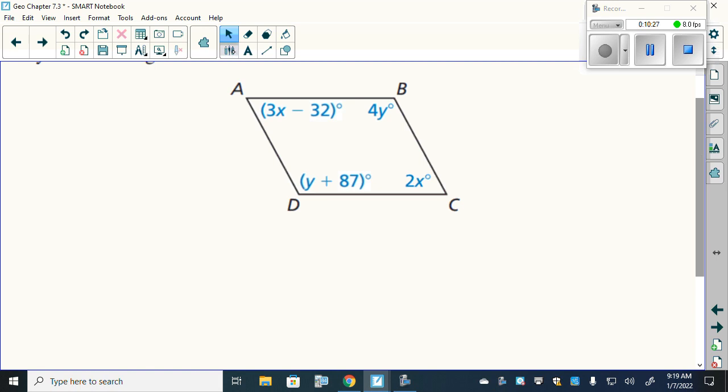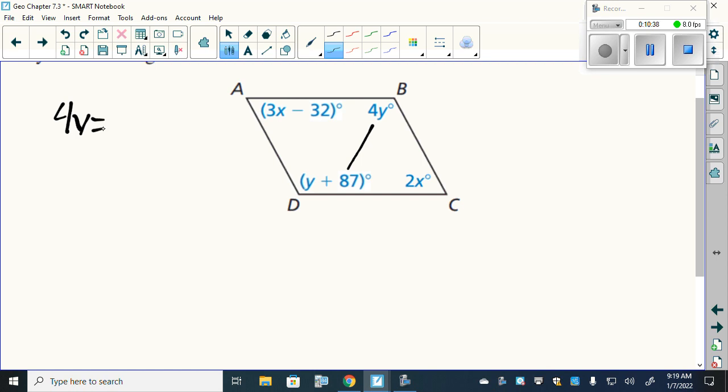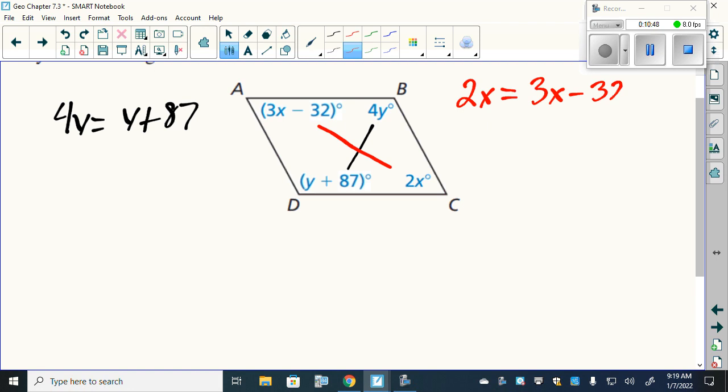So for us, that means that these two need to be congruent, yes? So 4y needs to be equal to y plus 87. And these two need to be congruent. So 2x needs to be equal to 3x minus 32.